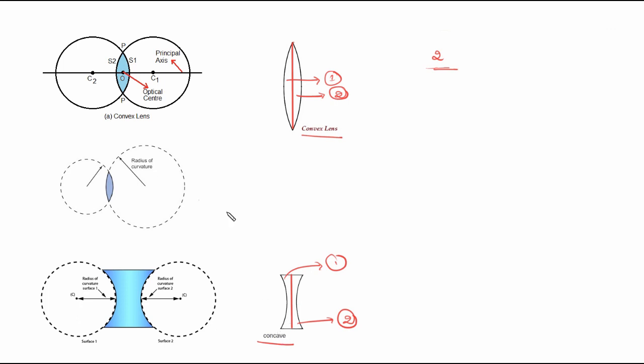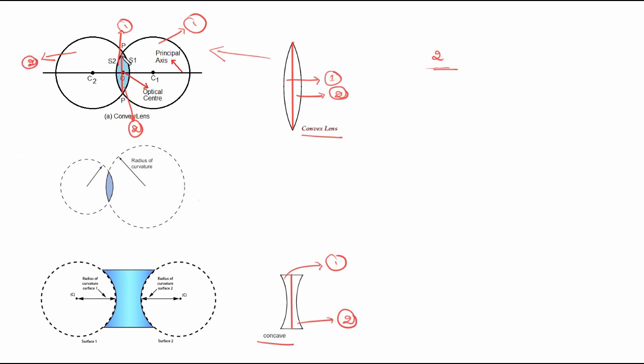Okay, if you look at this figure, you can see this is the lens part. Fine, and you can see this is derived from two solid spheres. Solid spheres in the sense they are refracting spheres. So this is the first sphere and this is the second sphere, which means on the right hand side you have the first sphere and on the left hand side you have the second sphere.